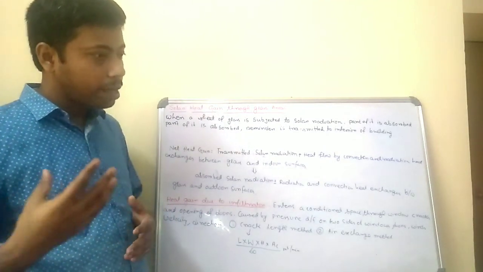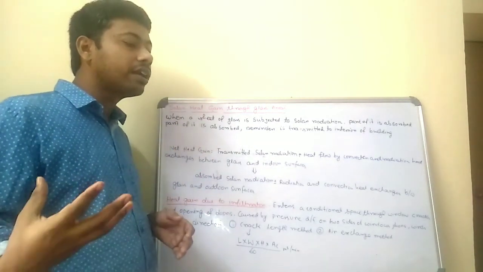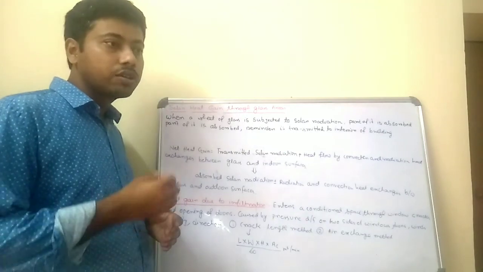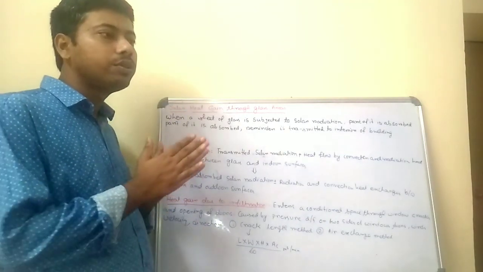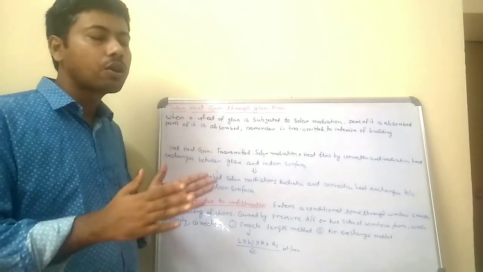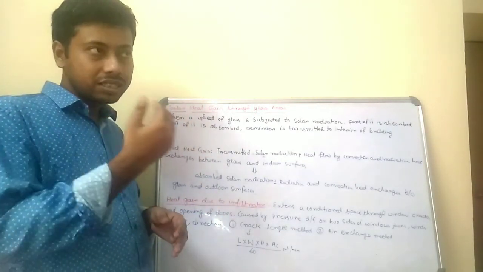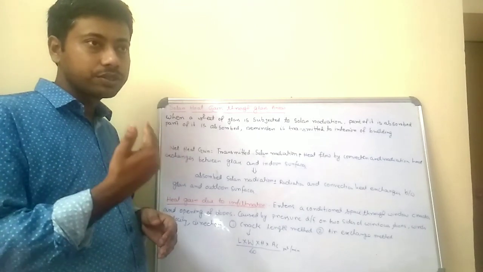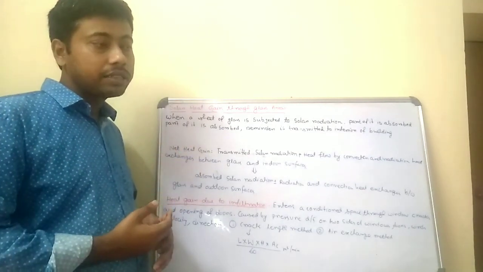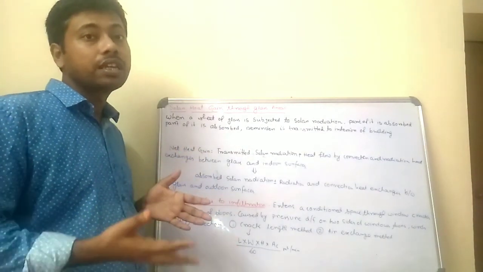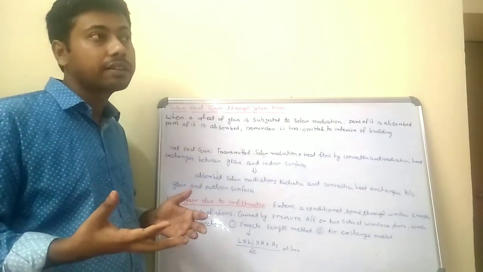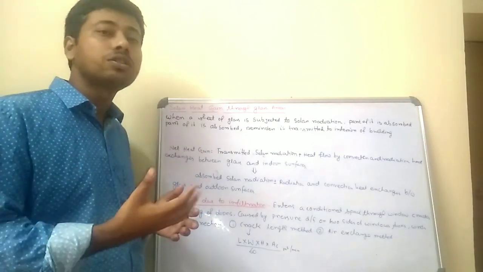Some amount of outside air enters into the room because there are some gaps between the door or windows, or there may be some cracks. So through these channels, cracks, gaps, or repeated opening of doors, outside air may enter the room.